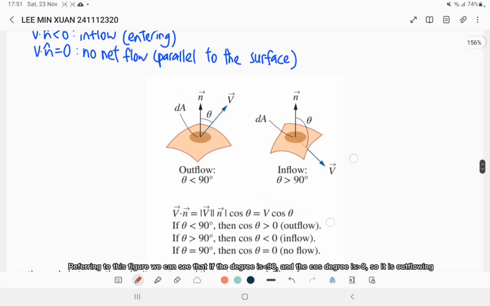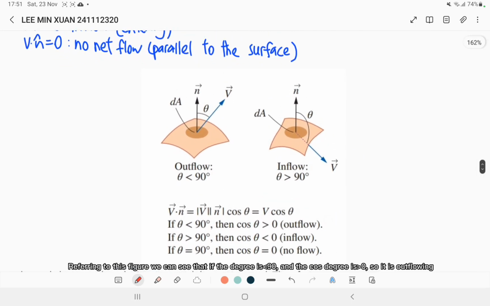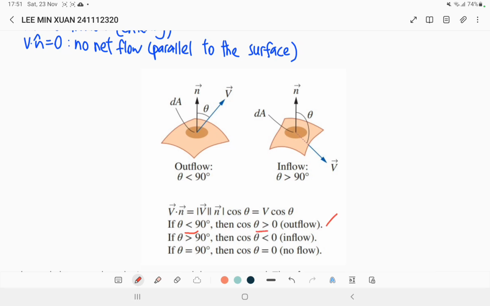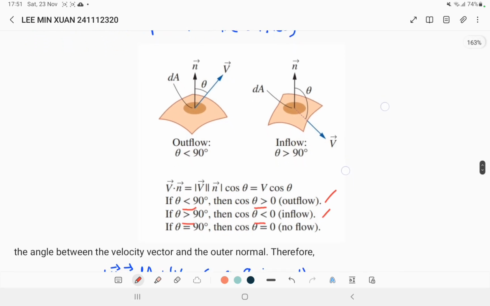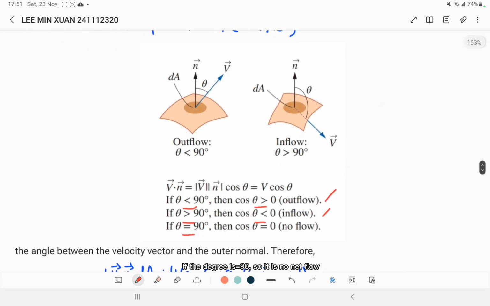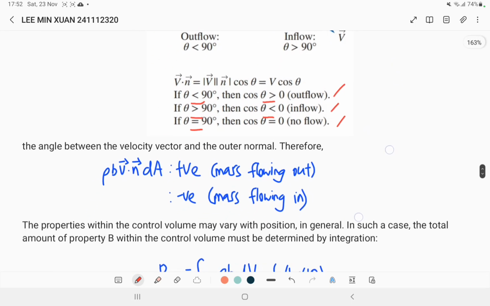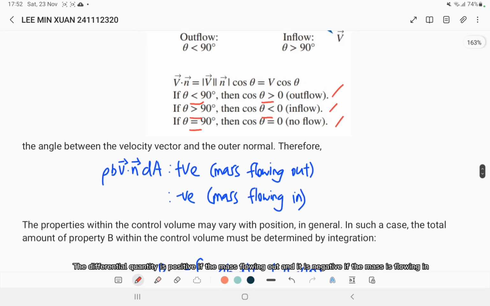Referring to this figure, if the angle is smaller than 90 degrees and the cosine is greater than 0, there is outflow. If the angle is greater than 90 degrees and the cosine is smaller than 0, which means it is negative, it is inflow. If the angle is equal to 90 degrees, there is no net flow. So the differential quantity is positive if the mass is flowing out, and negative if the mass is flowing in.